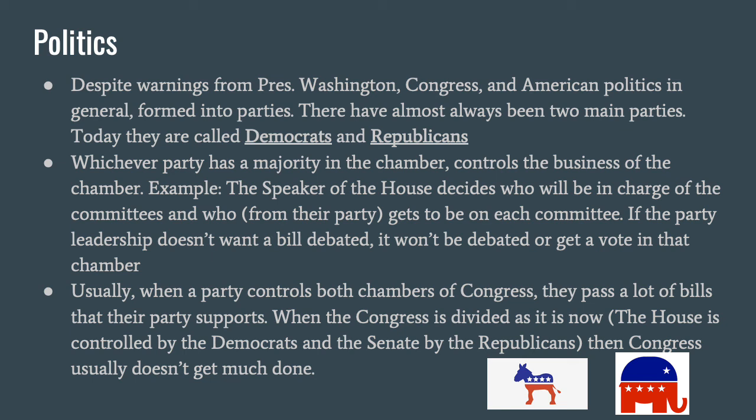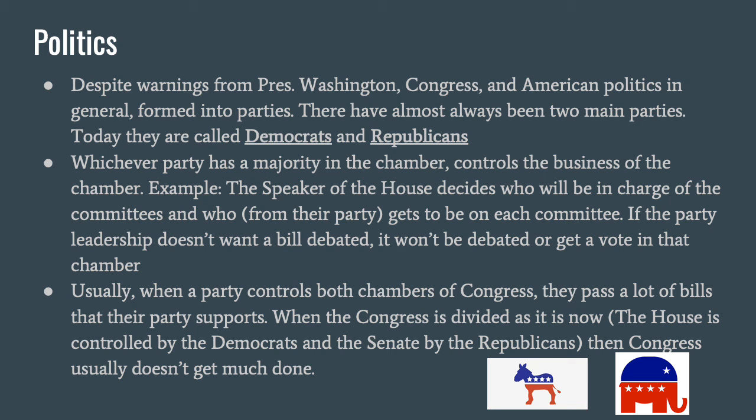That was their big thing that they wanted to do. And in 2017, when the Republicans had what they call the trifecta, so the House and the Senate and the presidency, they passed a huge tax cut that benefited corporations and millionaires. So again, that's just an example of how each party prioritizes the things that it believes in the most.